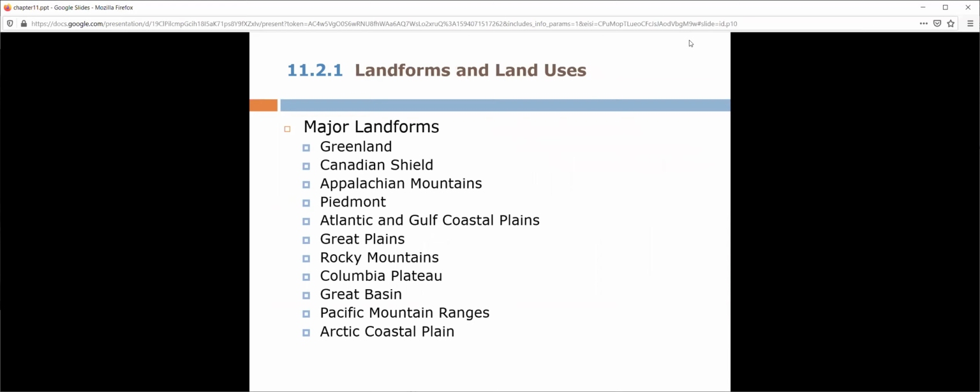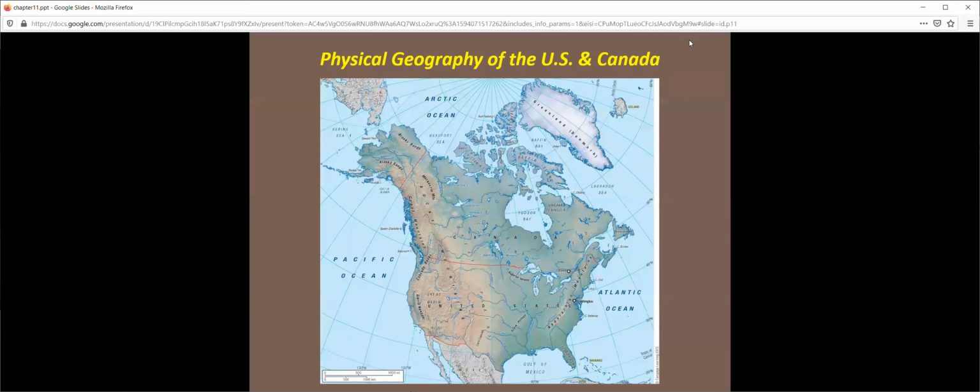When we talk about the landforms of the Americas, you can talk about the Canadian Shield or Greenland, but really you're probably talking about Piedmont, Great Plains, the Rocky Mountains, the Great Basin, the Arctic Coastal Plain, the Pacific Mountain Ranges. Lots and lots of diversity when it comes to this region in the United States in particular.